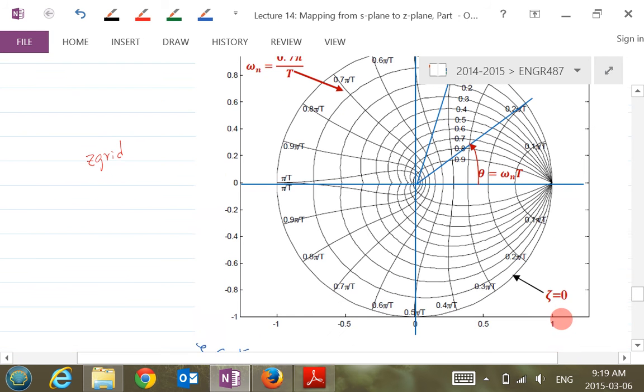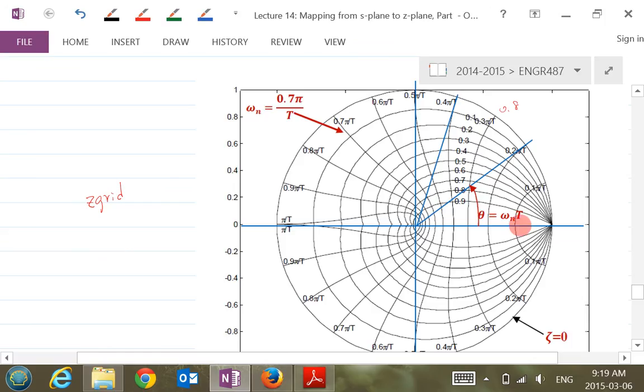And if I look at this curve here, this is one omega n, and this is another. So what's the trend for increasing omega n? Is it this way or the other way? As you compare this curve and that curve, which has a higher natural frequency? This guy, right? This is higher theta, right?